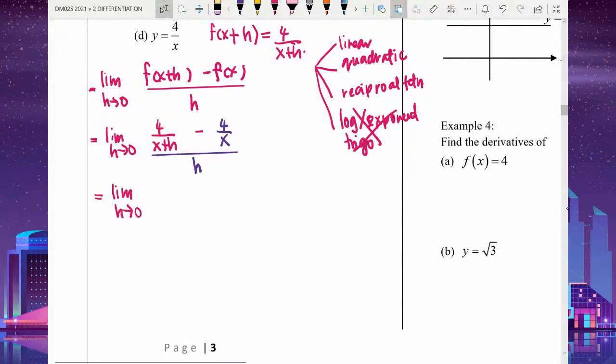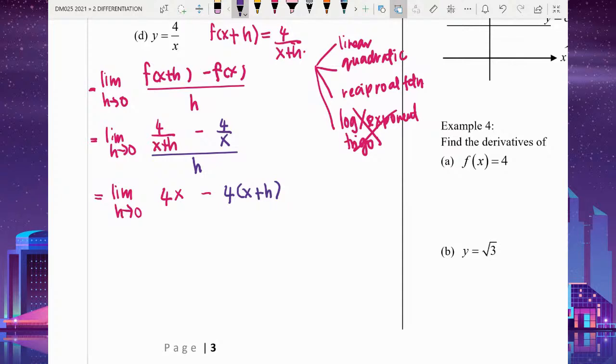Okay, you will equalize the denominator. So cross 4x, minus, cross 4 with x plus h.